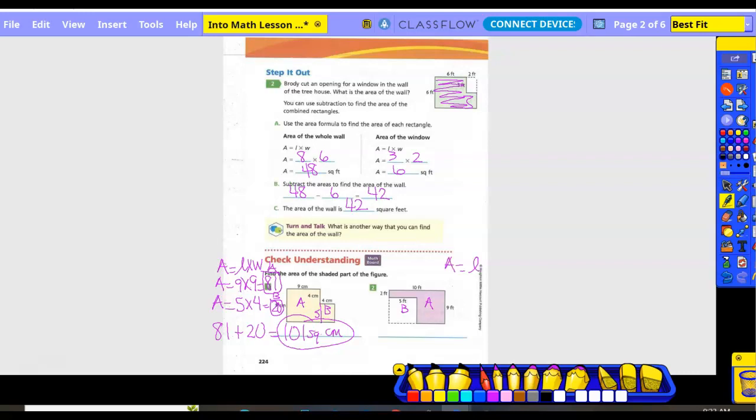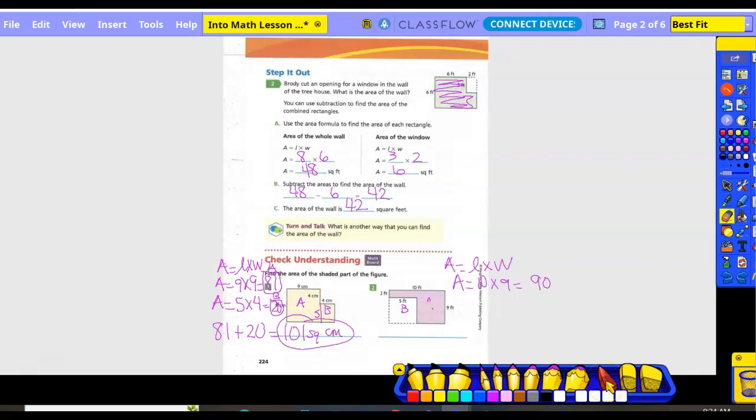Area equals length times width. Area equals, if I would color in that whole thing, so the part that is shaded and the part that is dotted out, outlined, what would I do? My length would be 10 and my width would be 9, okay, which equals 90. Okay, so that's the whole thing.